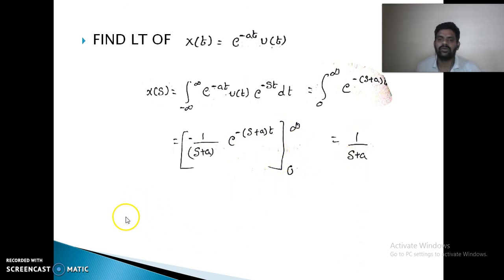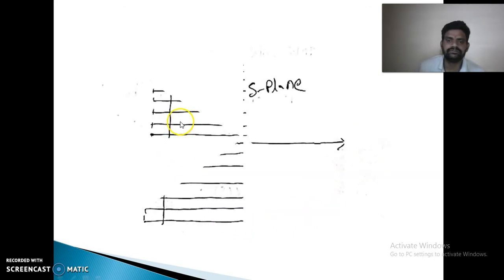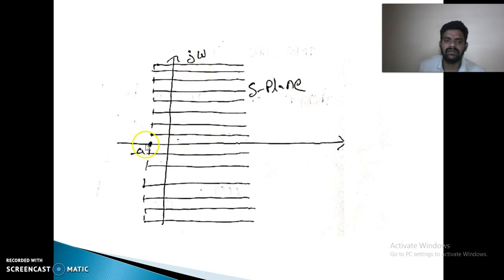So e power minus at u of t is a Laplace transform pair with 1 by s plus a. ROC is s plus a greater than 0, or the real part of s is greater than minus a. And the ROC is minus a. The shaded lines are the ROC, which is greater than minus a.